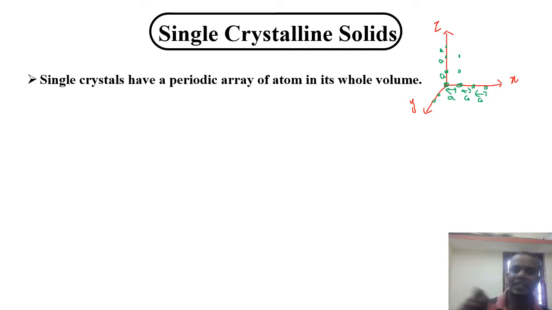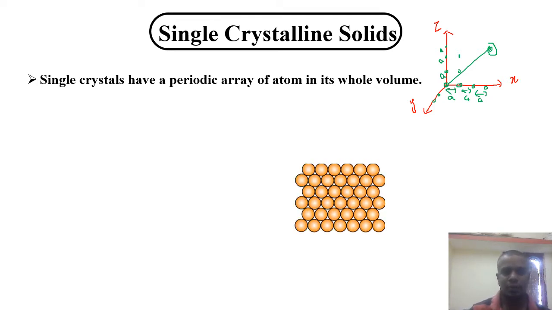Even at any other position, say x equal to 2a, y equal to 5a, z equal to 10a, if that vector is represented like that, the electron density will again be the same. That is the periodic array of atoms. That means the electronic distribution and the atomic arrangement are periodic. In a crystalline solid, we call that a single crystalline solid.